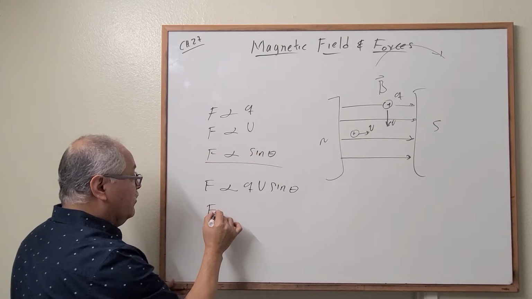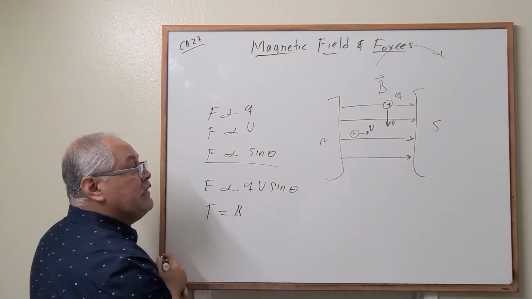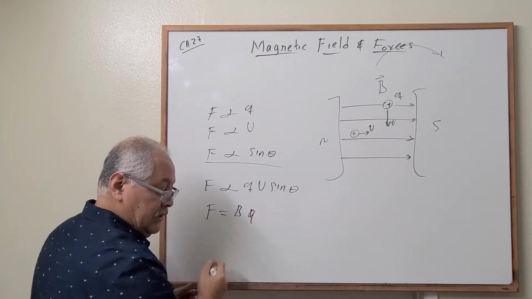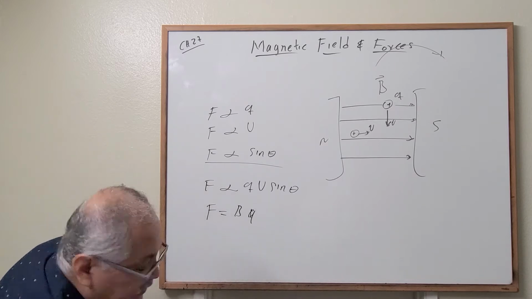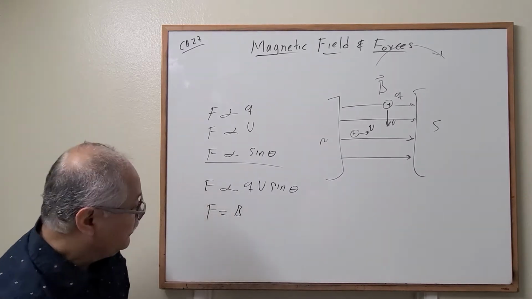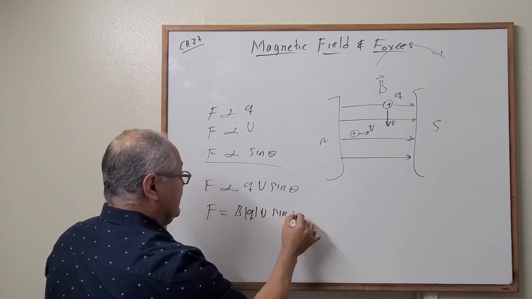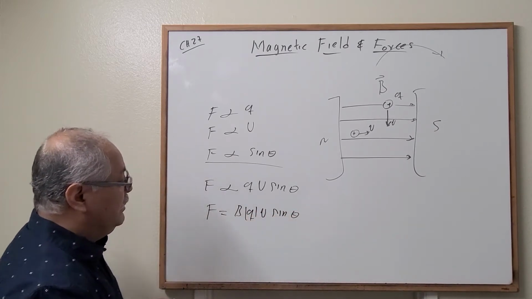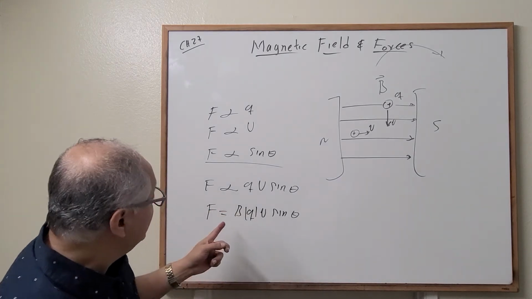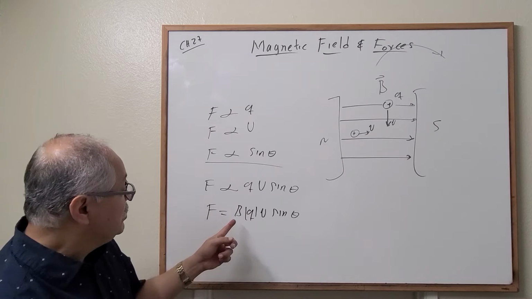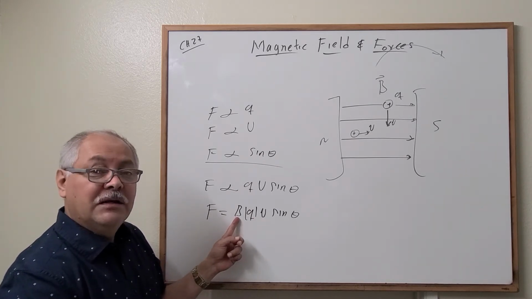So the force equals the constant, which is B, the magnetic field, times the magnitude of the charge, times v times sine theta. As we mentioned at the beginning, this force is found to be perpendicular to the velocity and perpendicular to the magnetic field.